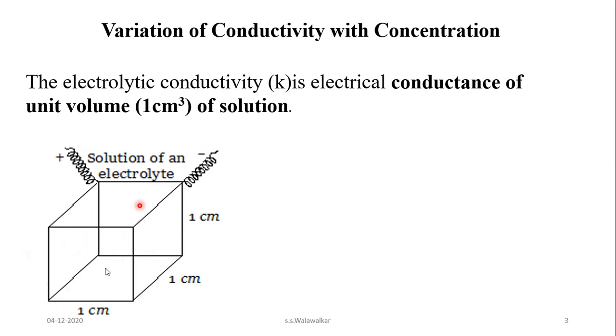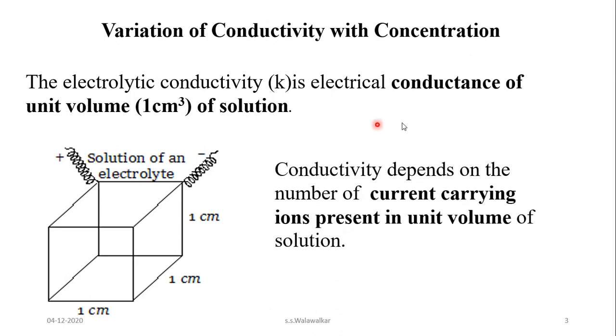Then the volume of the solution in between these two is how much? 1 centimeter cube, and the electrolytic conductance is due to the ions present in this volume of the solution, that is 1 centimeter cube of the solution, and that conductivity is called what? The electrolytic conductivity of the electrolyte solution.